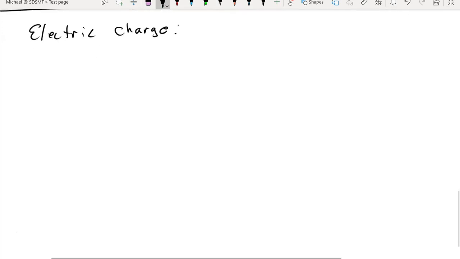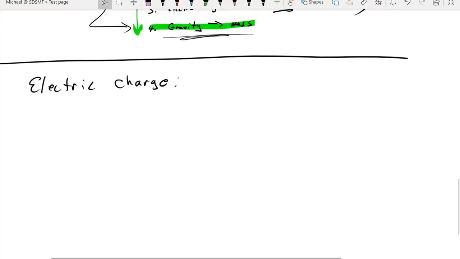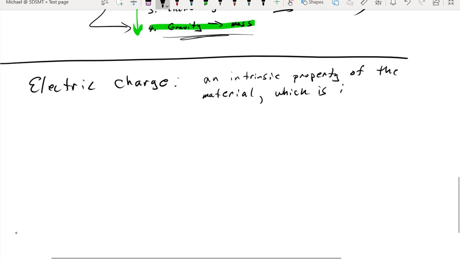The definition of electric charge, my definition might be a little bit different from the books, but basically the definition of charge is that it is an intrinsic property of the material which is identical to all other, and actually I need to make a revision already.